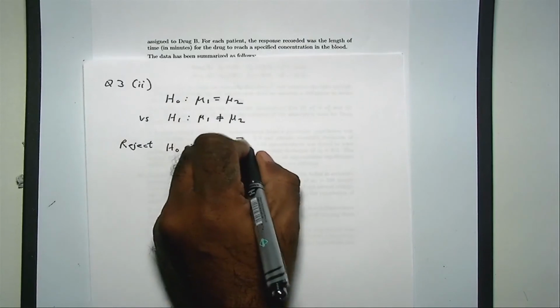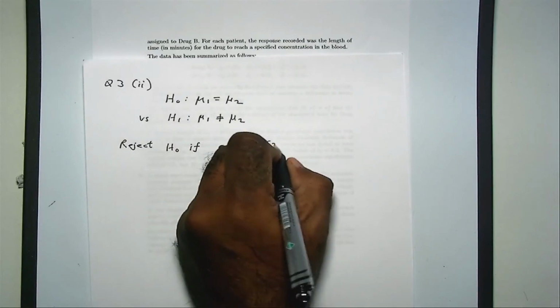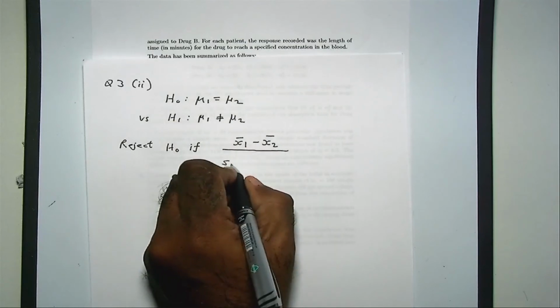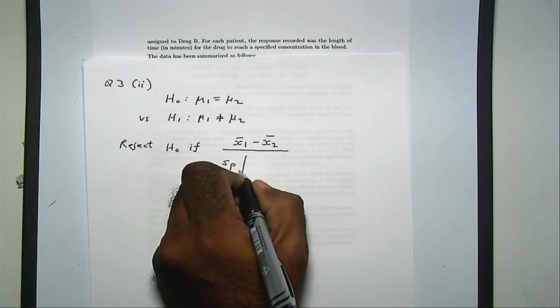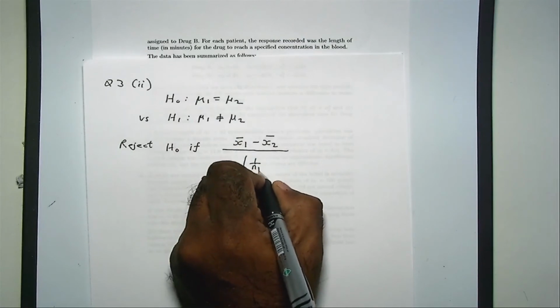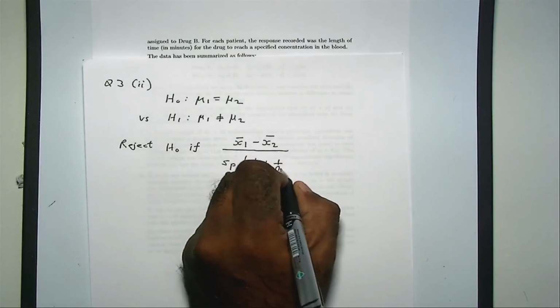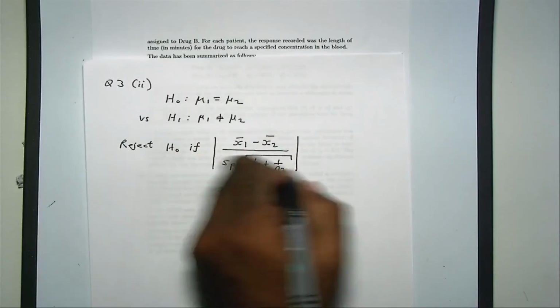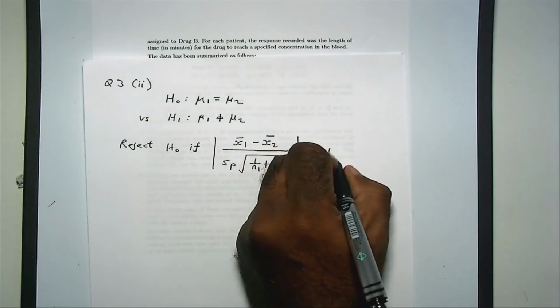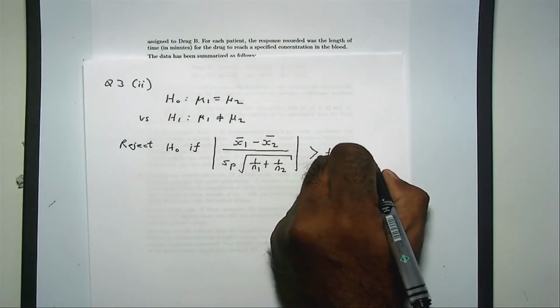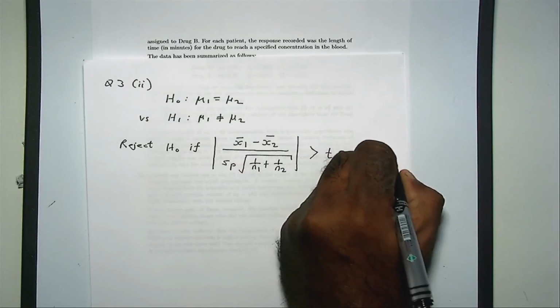x bar 1 minus x bar 2 divided by SP is greater than the percentile of a t distribution with the degrees of freedom equal to n1 plus n2 minus 2.